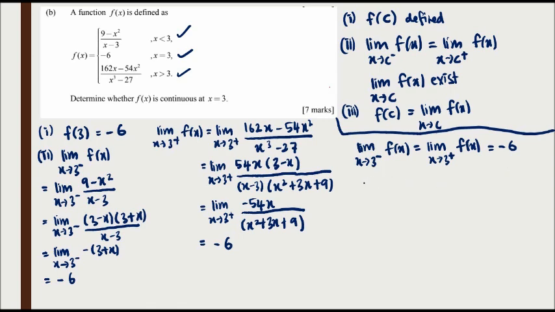And then we can say that the limit of x approaching 3 of f(x) is equal to negative 6.